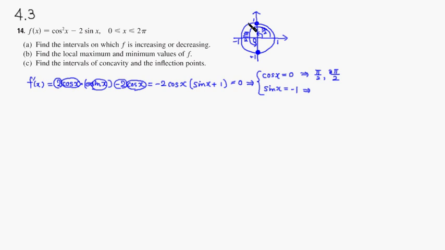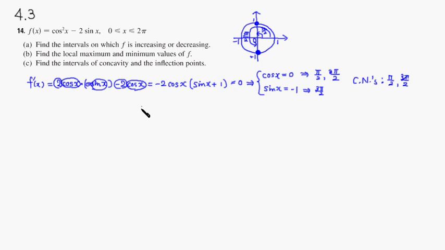So we want the sine to be negative 1, so it's actually this point right here. So the angle is actually 3 pi over 2. So we found the critical numbers. The critical numbers are pi over 2 and 3 pi over 2.